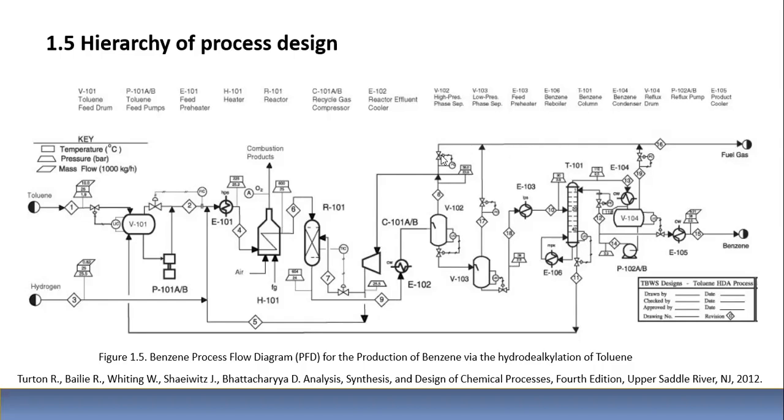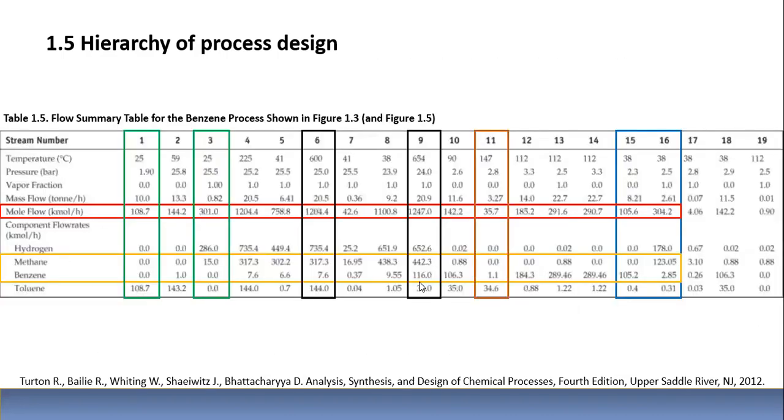Some of it is being returned, and it's being compressed. Some of it is going into the reactor, and some of it is being fed to the beginning of the process. But the main lines are line number 6 coming to the reactor, and line number 9 coming from the reactor. Those are the two black lines in here.